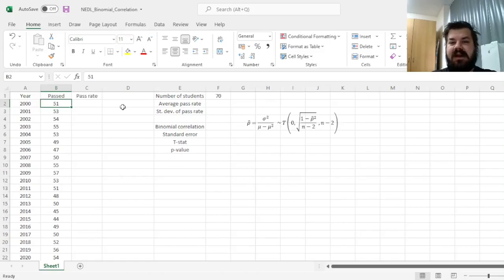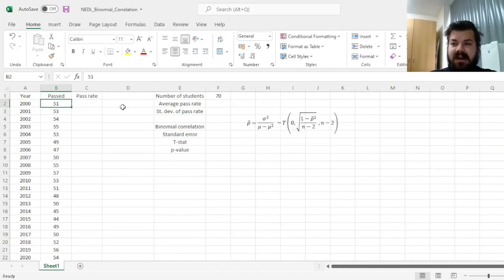For example, to detect whether there is collaboration between students when they're taking the exam, and we might not want that. Or we might want to check whether there are systematic differences year on year. So whether the exam is approximately the same in terms of difficulty, or the difficulty varies. So successes or failures of students become correlated naturally through that.